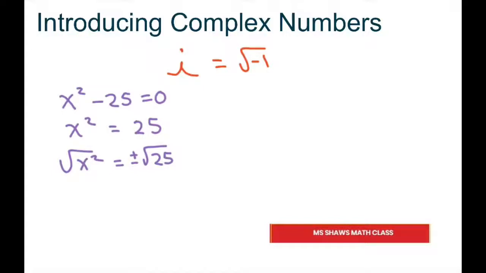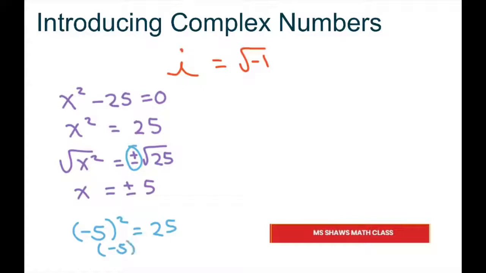And so this simplifies to x equals plus or minus 5. And students, don't forget to put your plus and minus anytime you take a square root, because the minus counts too, because -5 squared is 25, because -5 times -5 is 25.